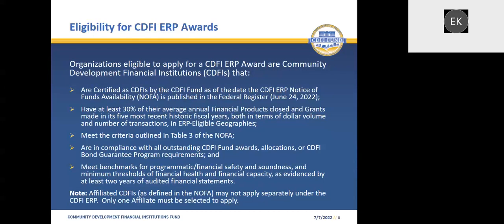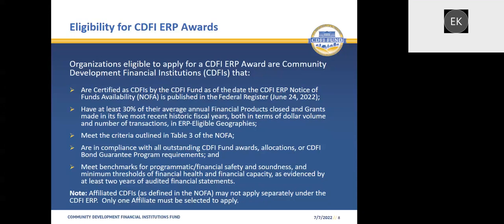They must have at least 30% of their average annual financial products closed and grants made in its 5 most recent historic fiscal years, both in terms of dollar volume and number of transactions, in ERP-eligible geographies.